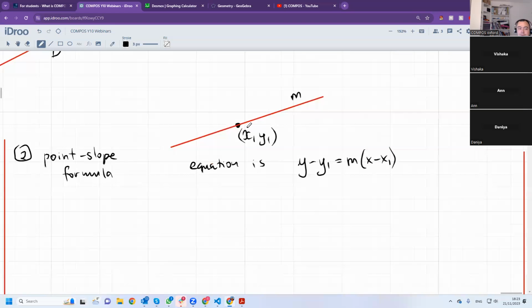So if you know a single point and the gradient, you can write the equation like this.